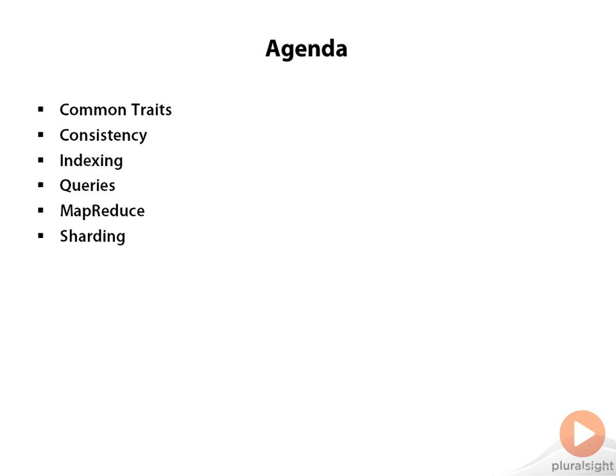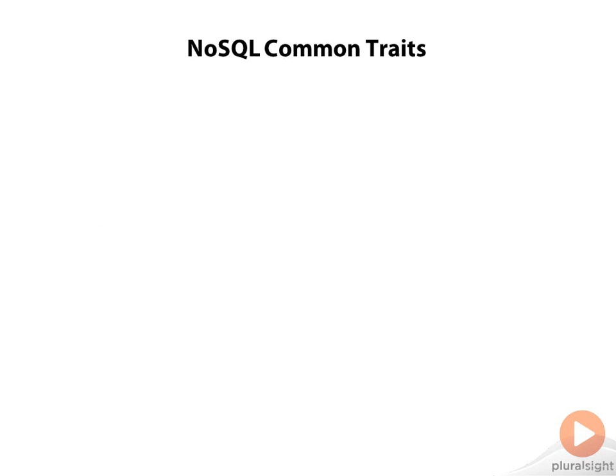So let's take a look at that list of common traits before we get into some of the individual ones in more detail. The thing about the term NoSQL is it's a little bit of a misnomer, quite frankly. A couple of NoSQL databases will support SQL, structured query language, as an interface to query the data inside the database.